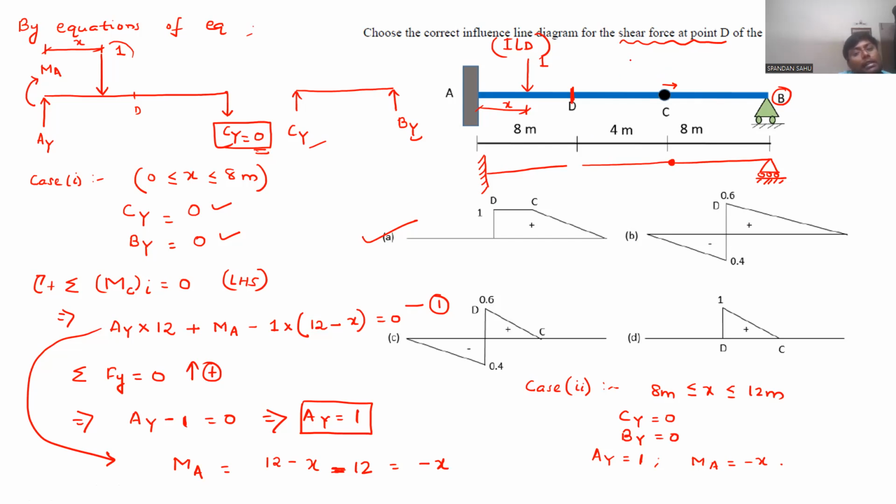It's a determinate structure. And one thing you note down: for a determinate structure, the ILD will always be linear. It cannot take a curvilinear shape or higher order curves.